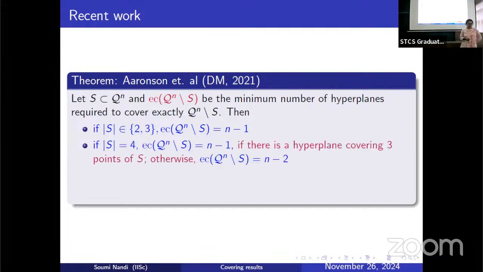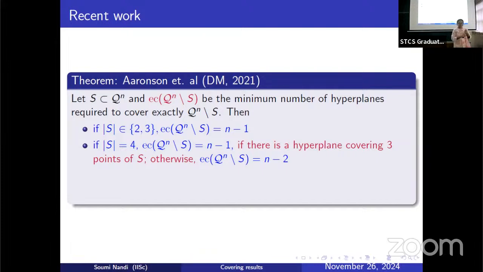And if we restrict 4 points, then depending on the 4 points, the number of hyperplanes or the degree of the polynomial will change. If for the given 4 points we can give a hyperplane that covers 3 of the restricted points, then we will require n-1 hyperplanes to cover the points outside those 4 points.